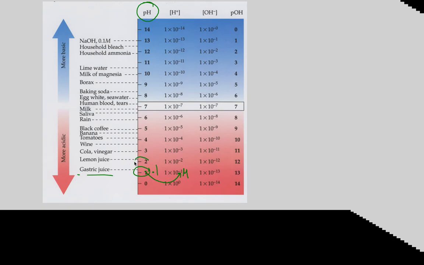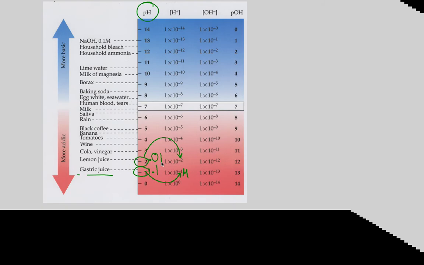Now guys, let's do lemon juice, which is pH 2. That's less acidic, right? pH 2 is less acidic than pH 1. So what does it mean? Well, that's 1 times 10 to the negative second molar. But guys, if you write that out in decimal form, it's 0.01 molar. Do you now see why it's less acidic? Is that okay?